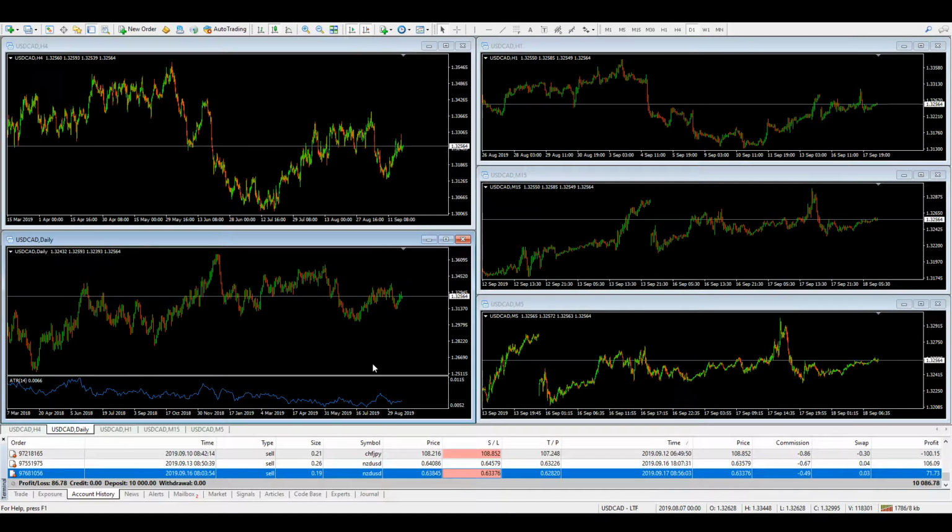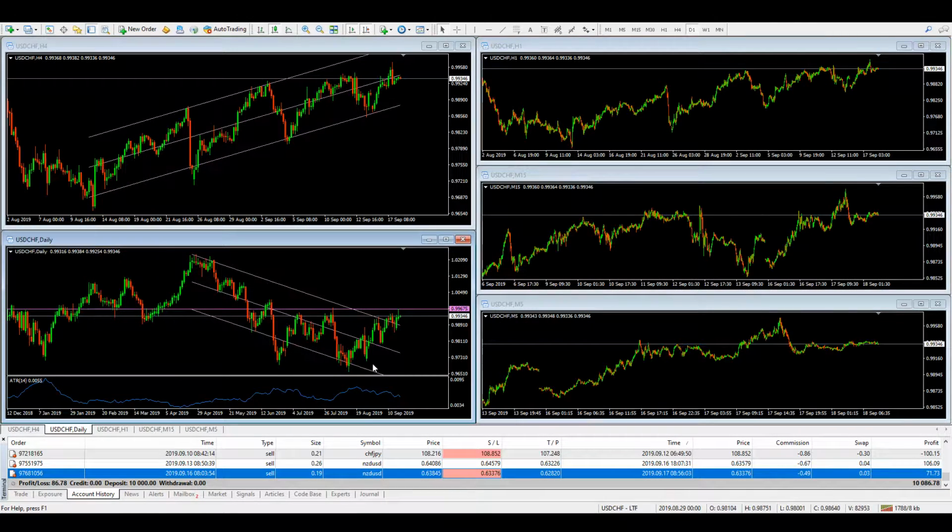So USD CAD, can't see any opportunities on that right now. USD CHF, this resistance is still holding up here, this level, but there haven't been any really good signs of potential reversals on our lower time frames to warrant shorting this as of yet.